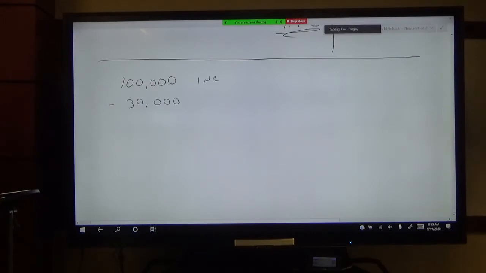So income, interest expense, so the remainder of our income is, let's say, 70,000. Is this a capital appreciation or cash flow return? We're going to cash flow return.